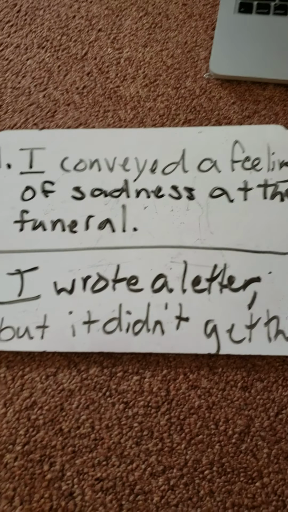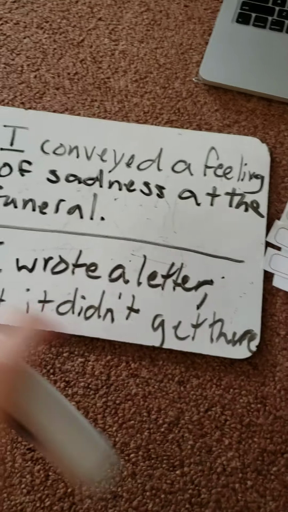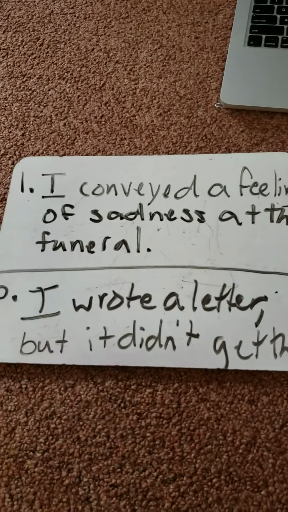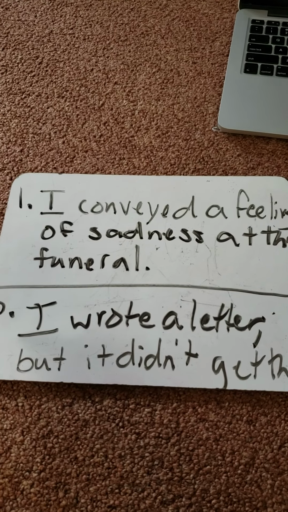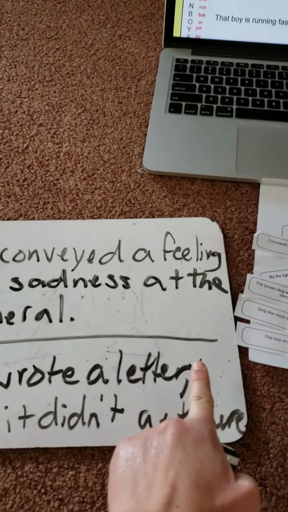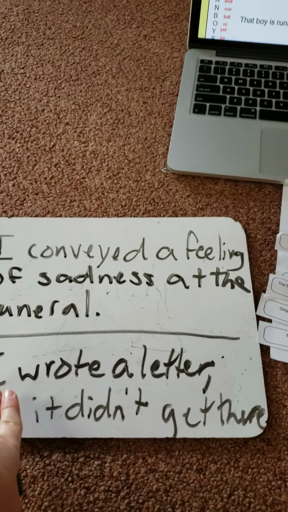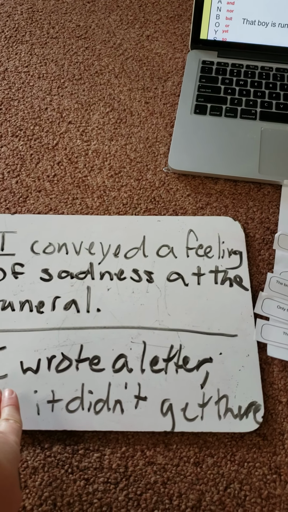Kind of ran off my board. I wrote a letter, comma, but it didn't get there. It's kind of hard to write neat when I'm holding the phone, but that would be one way to correct my run-on sentences. I could have made it 2 sentences and said I wrote a letter, period, capitalized the I in it didn't get there. That would be 2 complete sentences too.